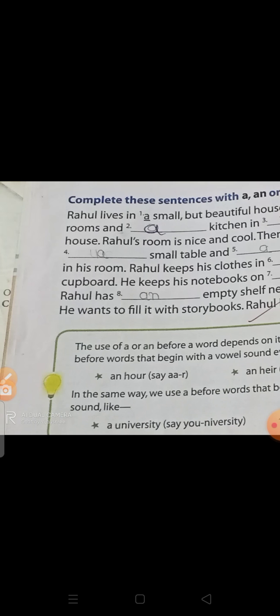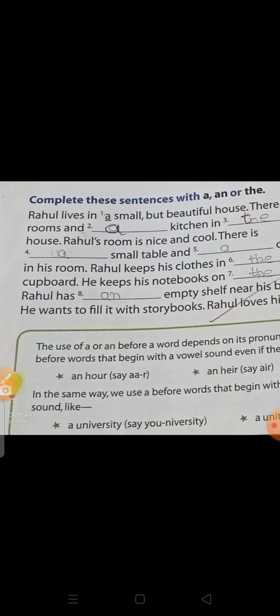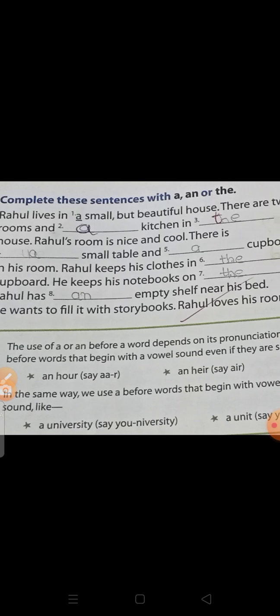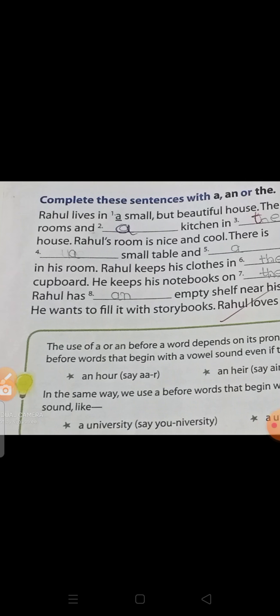H is a consonant, still we use an because it is pronounced with an O sound. And high, here we use an A sound, so we use a.